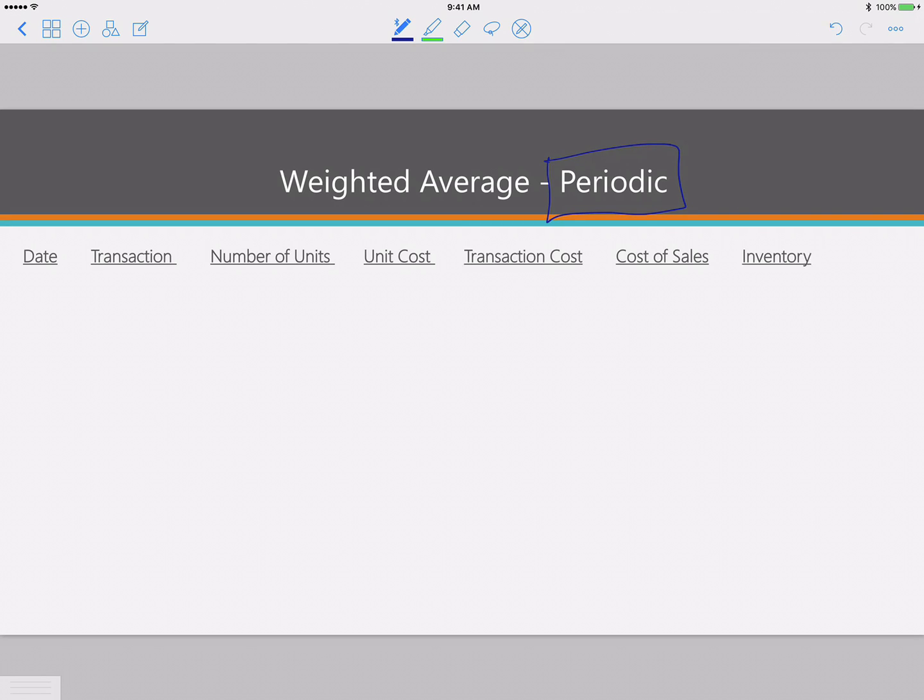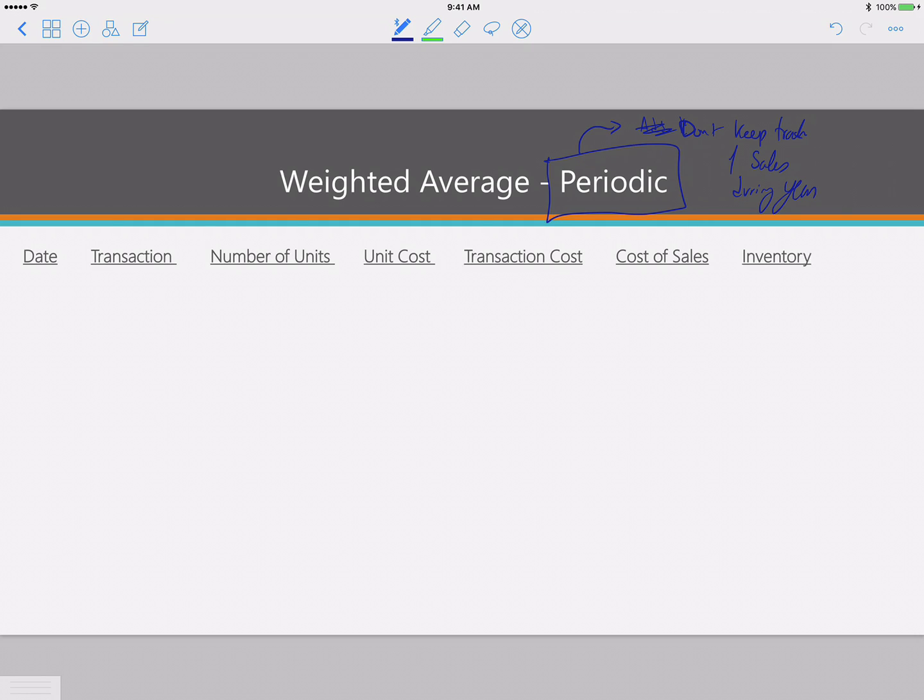So if you recall, under the periodic system, we only add up at the end, right? So we don't keep track of sales during the year. All we do is at the very end of the period, we do an inventory count, and that gives us our cost of goods sold.